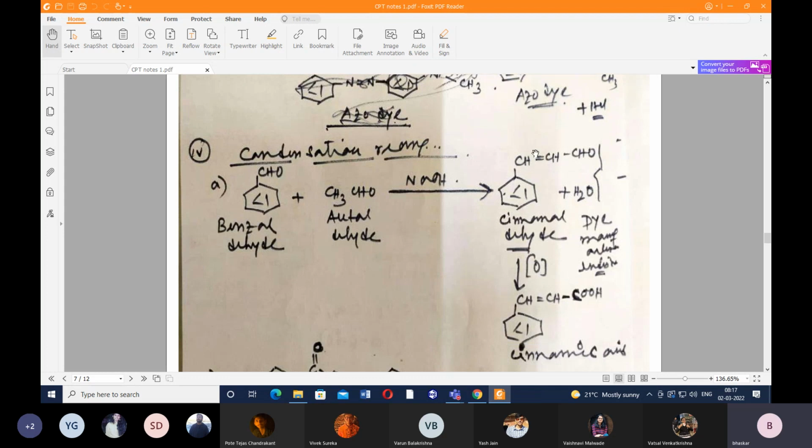So cinnamaldehyde we produce, and probably you all remember that first of all we start with an alcohol. Alcohol gets oxidized into aldehyde, and further it oxidizes to acid.